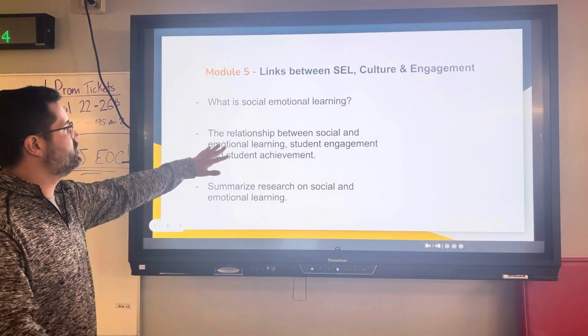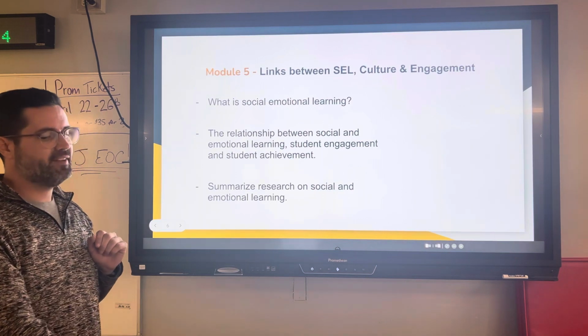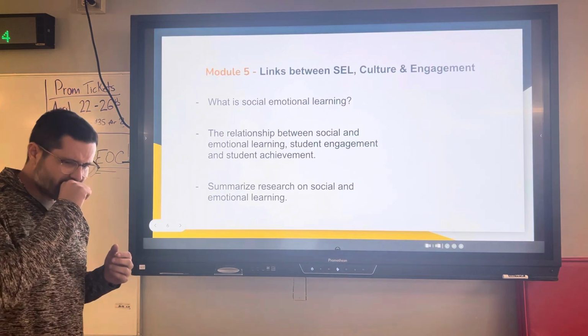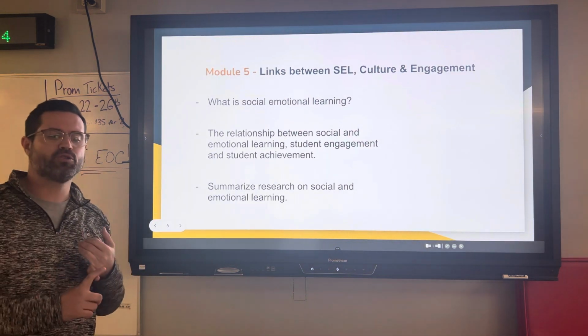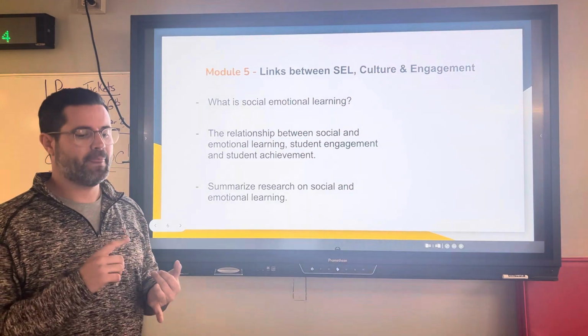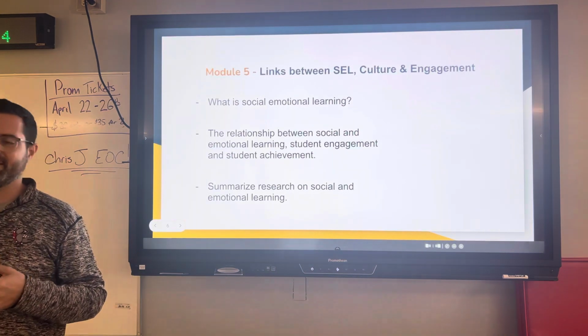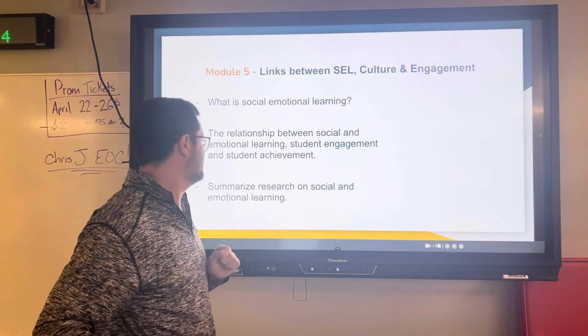So the relationship between social and emotional learning, student engagement, and student achievement: SEL enhances student engagement and achievement by developing students' emotional intelligence, interpersonal skills, and self-regulation, which leads to improved focus, motivation, and academic success.